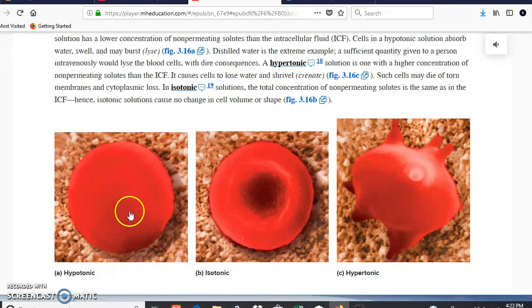Right here, this is hypotonic. In hypotonic, you have in the cell 3 pounds of salt, and outside you're going to have, let's say, 1 pound of salt. You have more salt in here, therefore the water will go from the outside to the inside, and therefore the cell will swell and eventually may explode.